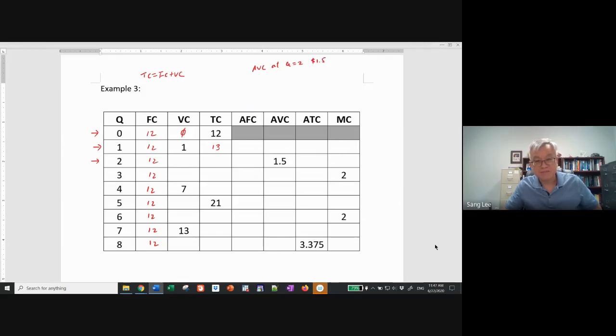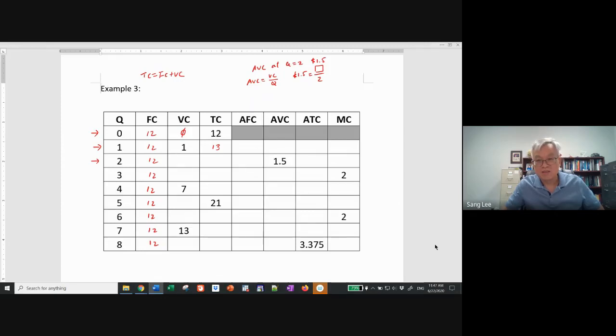Now try to recall the definition of average variable cost. We do know average variable cost is what? Variable cost divided by Q. So we are given average variable cost. Average variable cost is $1.50 and the quantity is 2, but variable cost is unknown here.